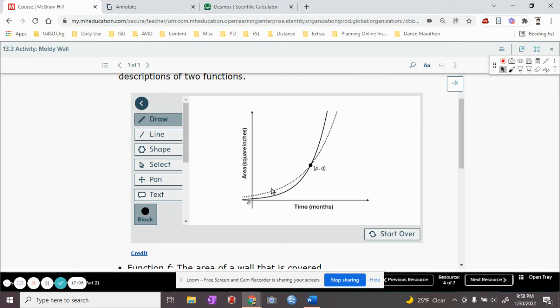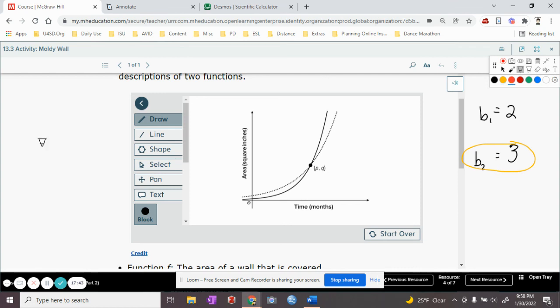So here we have one function coming up. That's the dotted line. Then we have the solid line that starts lower but comes up much faster. So we know our two molds, one is doubling, so one has a B value of 2. The other, I'm going to say, is subscript of 2. We are tripling, so that's a multiplier of 3. So which one of these increases faster, at a faster rate?